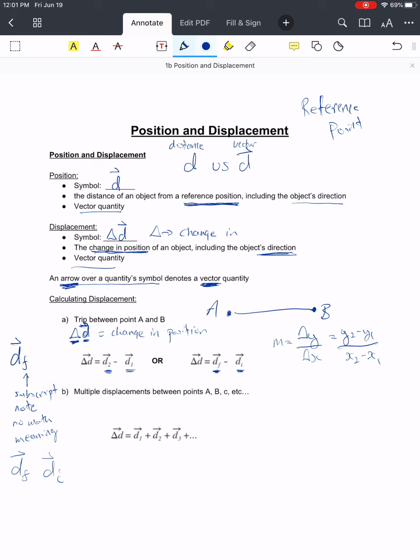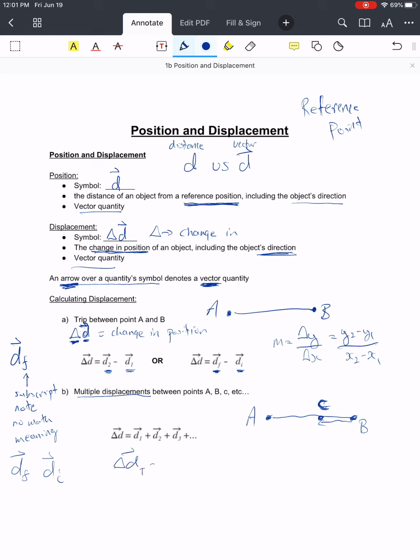Okay, now let's say I have multiple displacements between A, B, C, etc. So this could be like you going from A all the way to B and then back to C. So I have multiple different displacements. So what we can do is add them together.